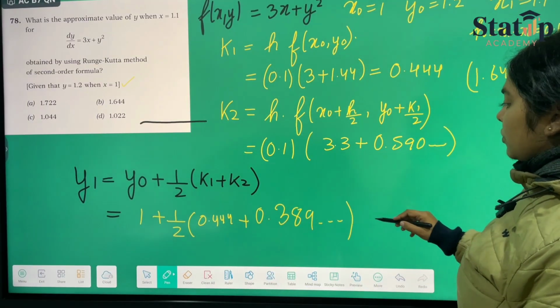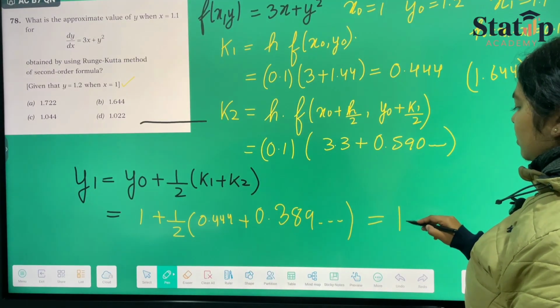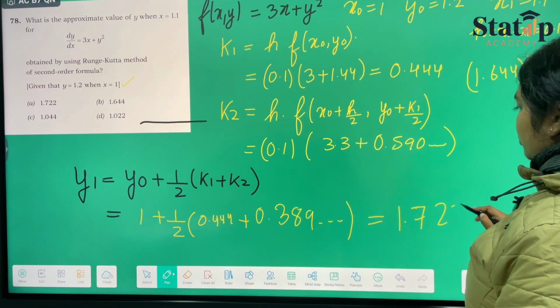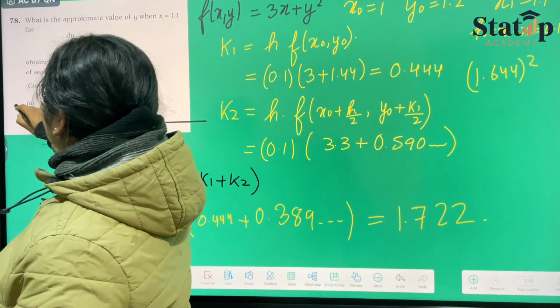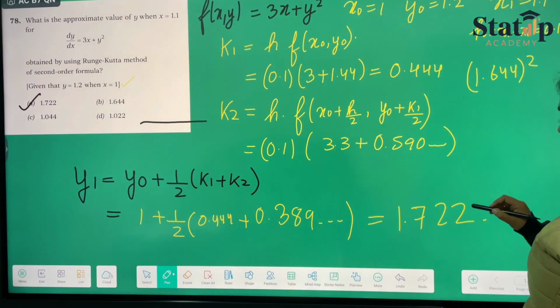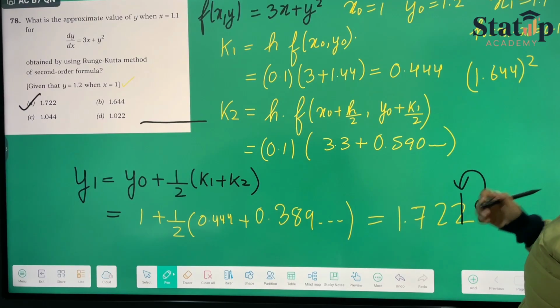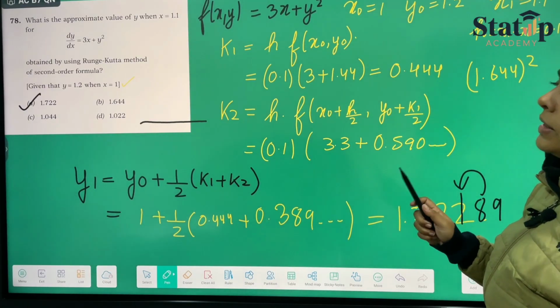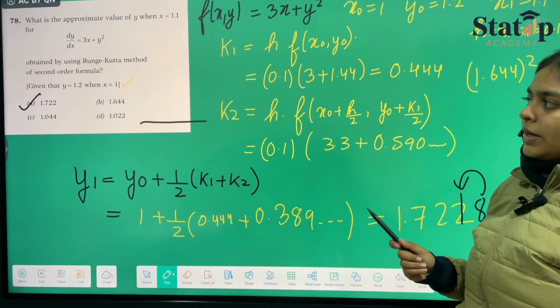And if we add and simplify, we will be getting our answer as 1.722, which is exactly equal to option A. This answer will come not exactly 1.722 but 1.7189, and by rounding, we will be getting the answer as 1.722 to be exact.